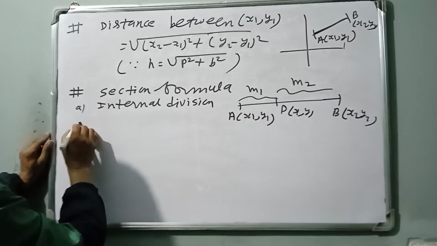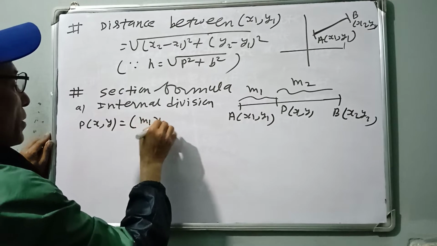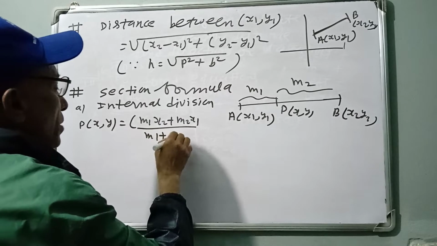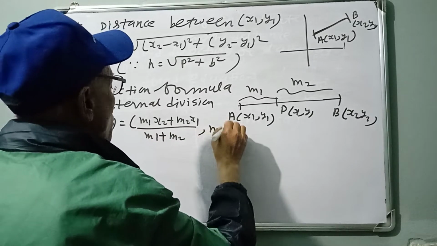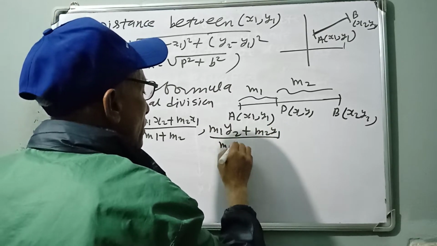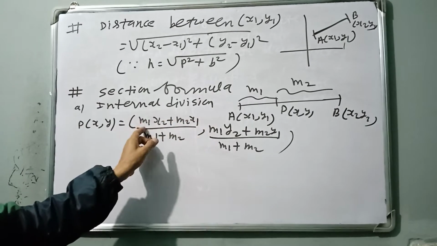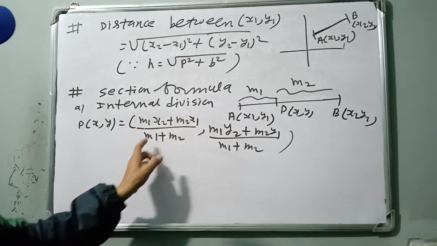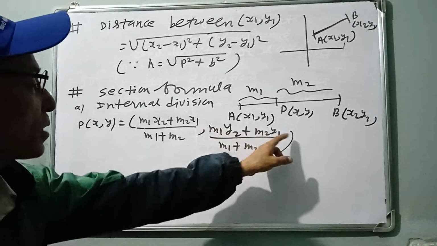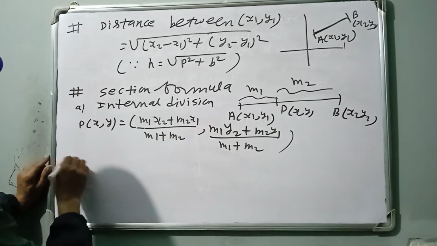What is the coordinate of the dividing point? m1 x2 plus m2 x1 by m1 plus m2 comma m1 y2 plus m2 y1 by m1 plus m2. This is internal division plus external division.